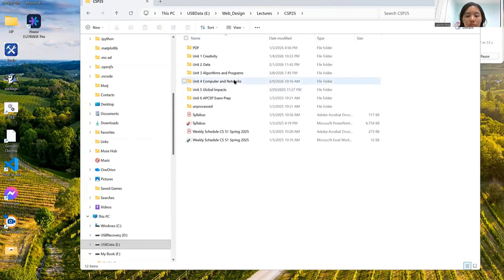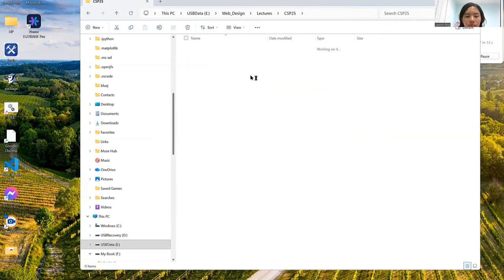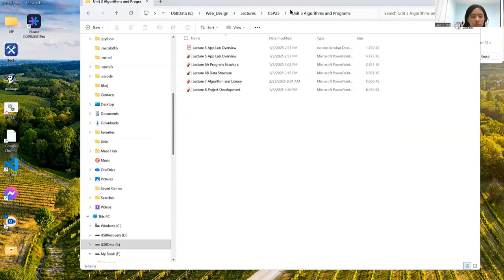So this unit 3, first we talk about the app. Okay, the app, and then we work on the algorithm, and we use code.org to talk about the algorithm: swap, finding the maximum, minimum, those kinds of things. And then we also work on one-page design and multiple-page design.